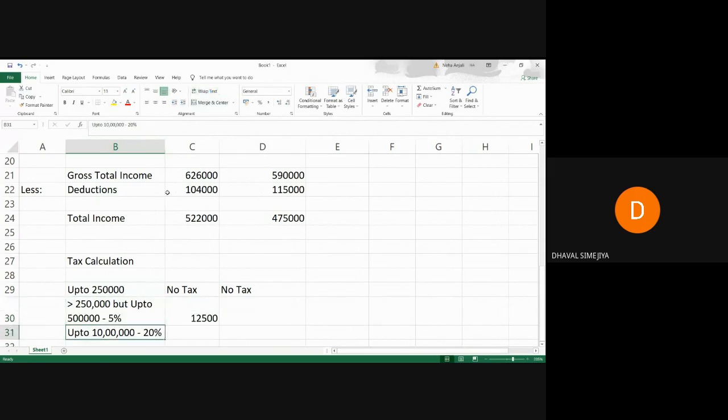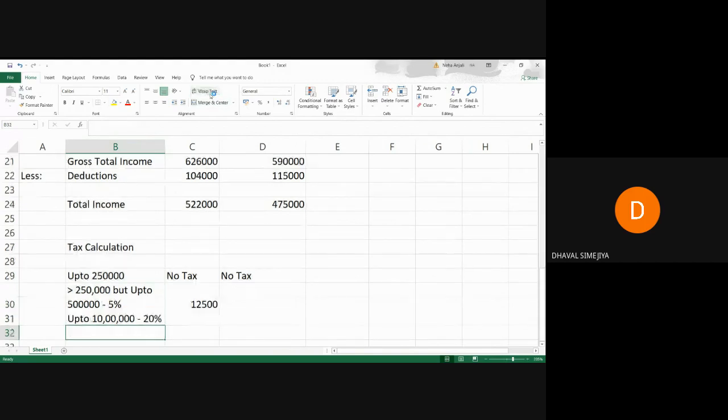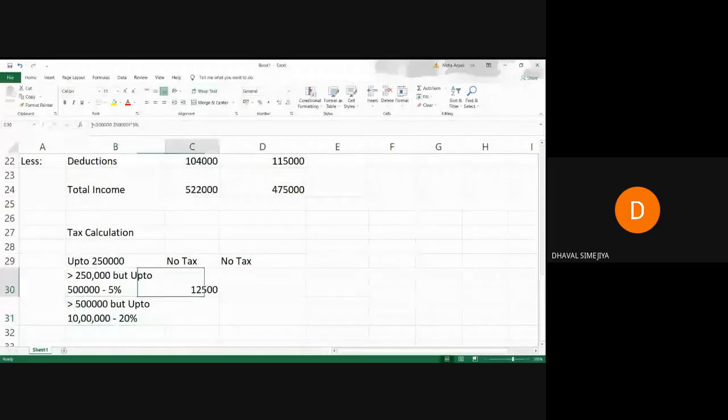Here also, if my income is beyond 5 lakh but up to 10 lakh, then 20%. Clear?